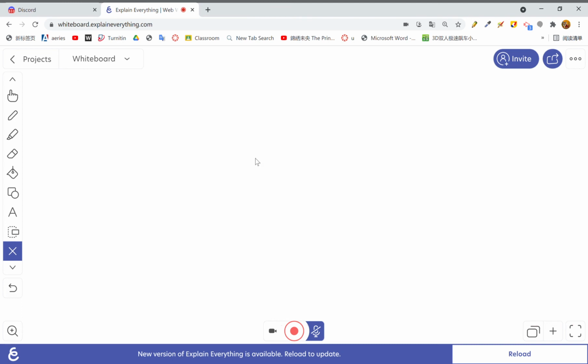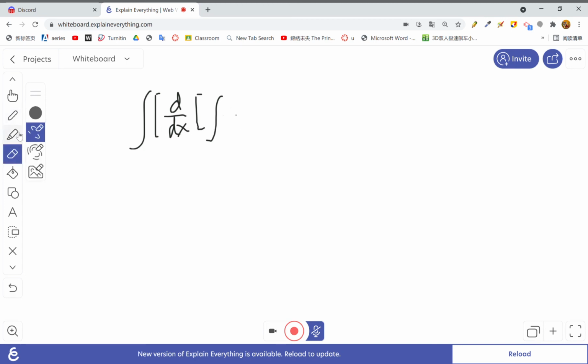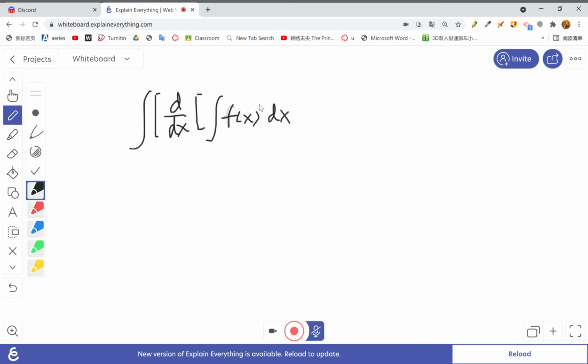What is the value of the derivative of the antiderivative of f of x with respect to x? So what is even this?